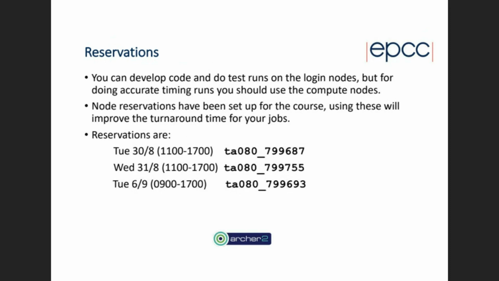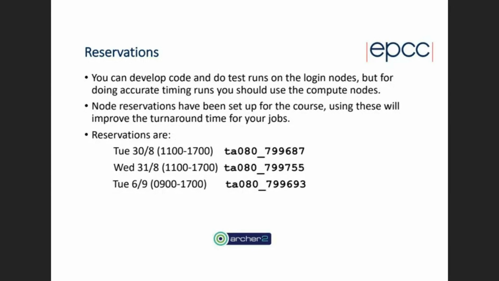When you're working on the practical exercises, it's absolutely fine to develop code and test it by running it from the command line on the login nodes. That's not a problem. However, if you want accurate timing runs to see how your code is performing, you won't get them on the login nodes, because you are sharing those nodes with lots of other users who may also be running jobs there.